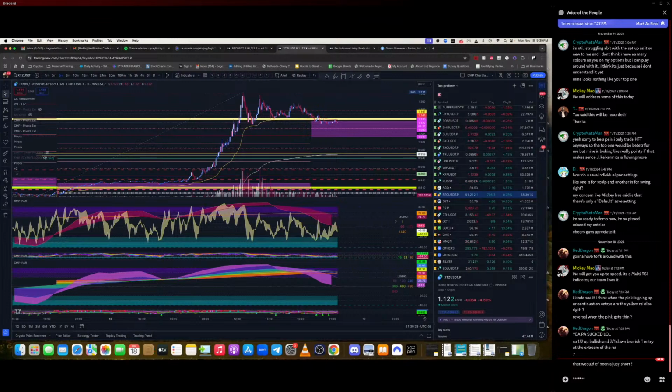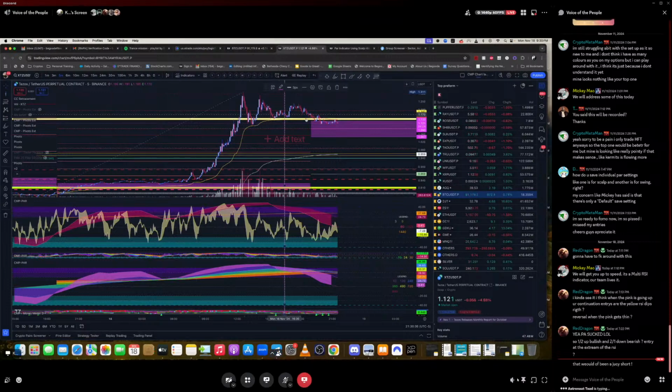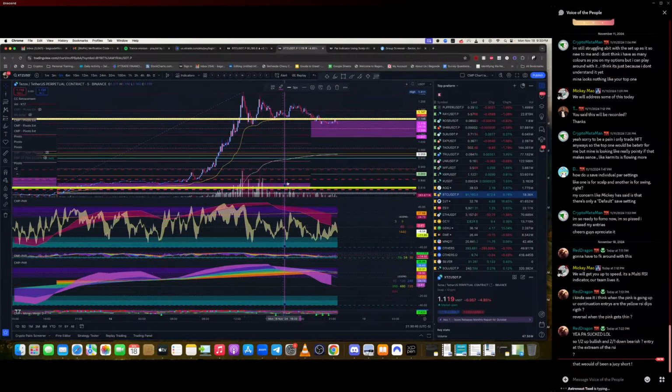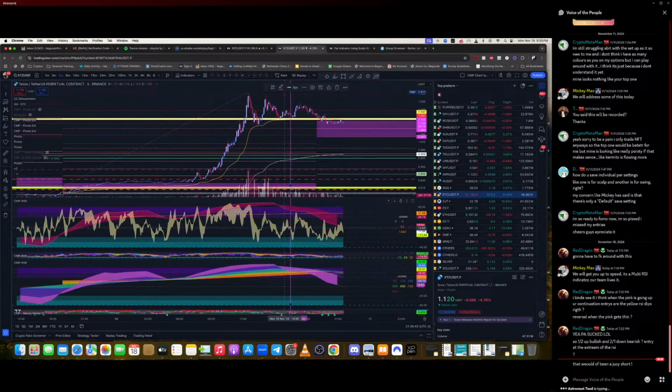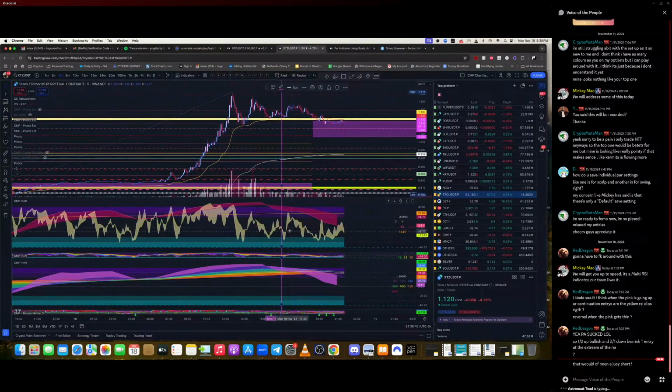Where was the alert on this? 4:30. Okay, so there was the alert on XTZ. When that alert went off, the scalp ribbon was down below the 0 already. So you're not taking it there, right? You're waiting for the move up right here.